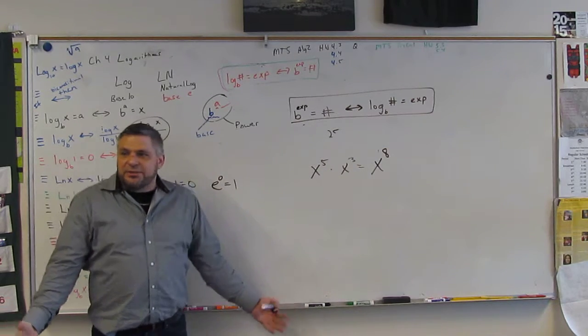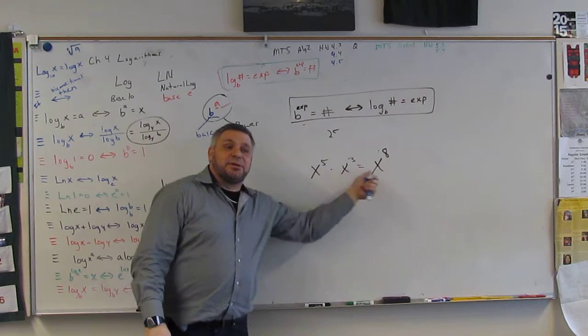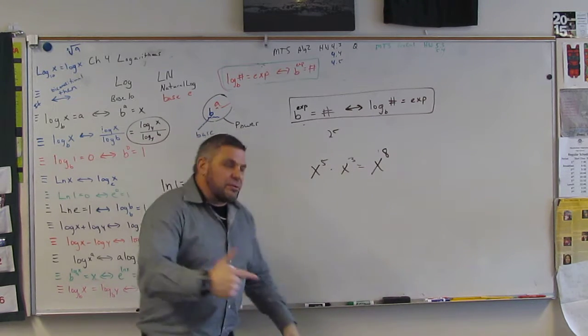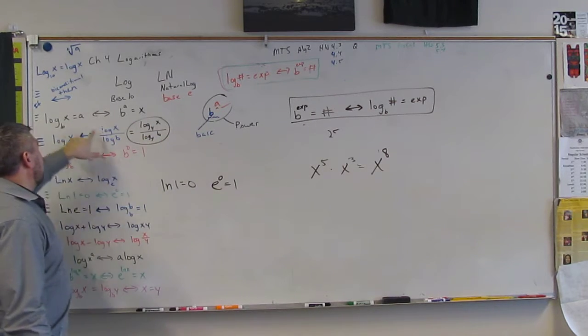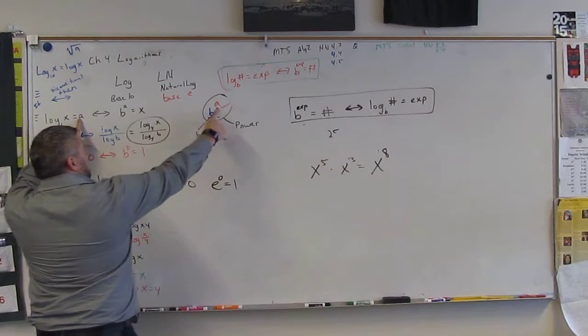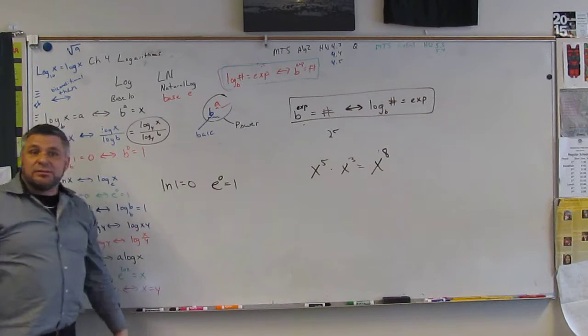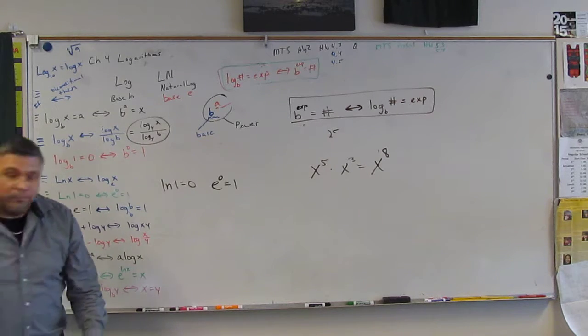You added the exponents, right? So anytime you multiply two powers with the same base, you add the exponents. What is a logarithm? The logarithm is the exponent, right?